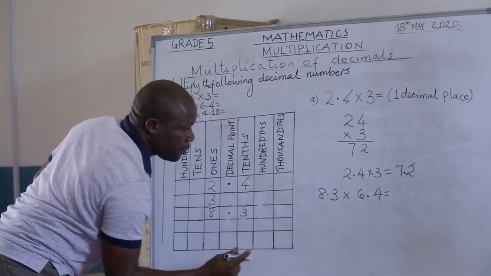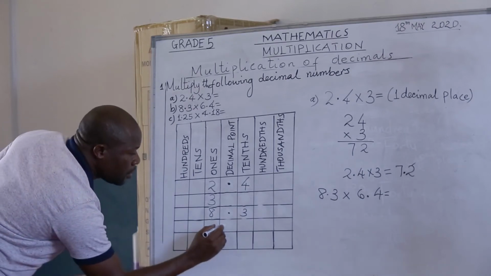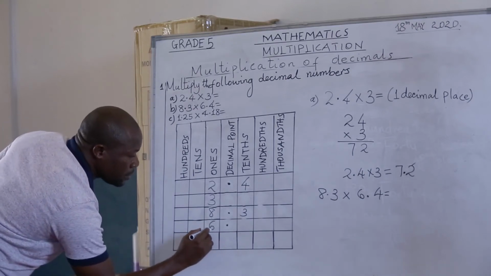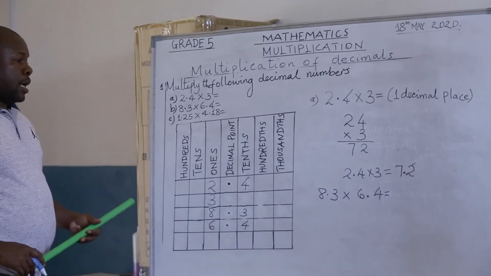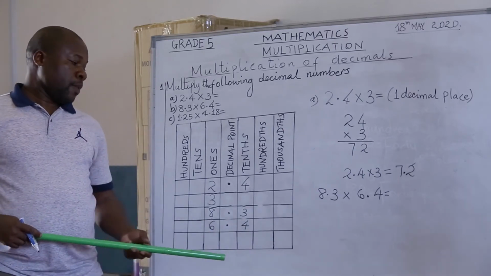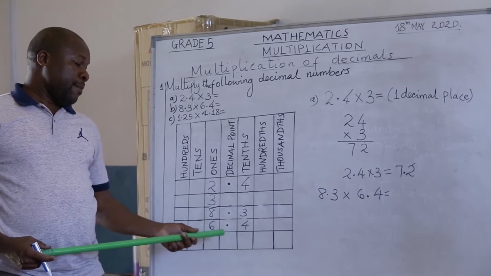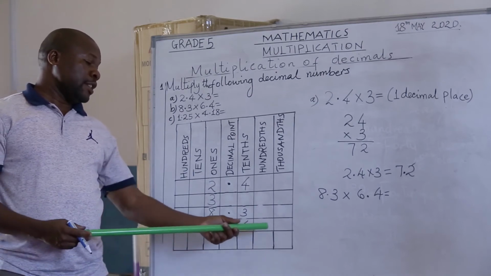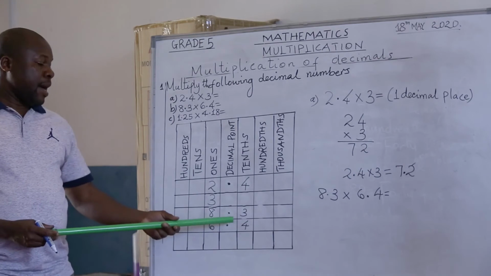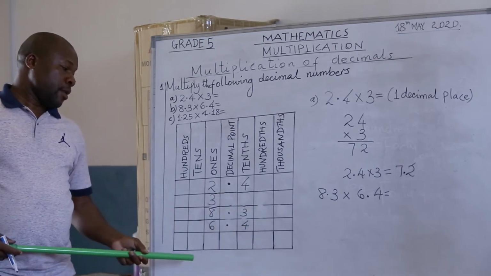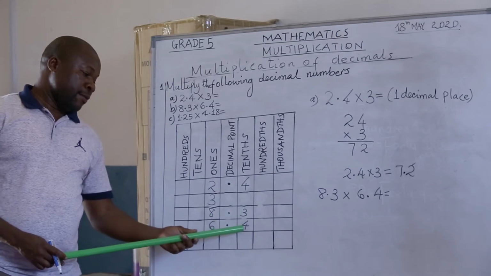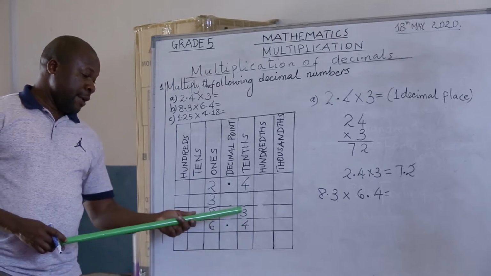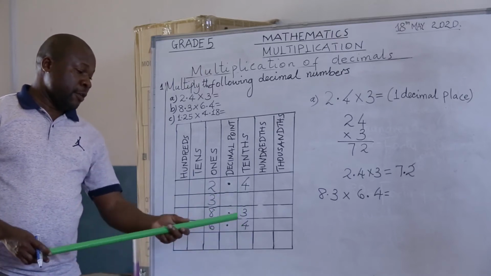Take 6.4. 6 will belong to the ones, while 4 will belong to the tenths. Now, as we did earlier, we count the number of numbers on the decimal side. How many numbers are on the decimal side? We can count number 3 and number 4. Number 3 and number 4 are on the decimal side.